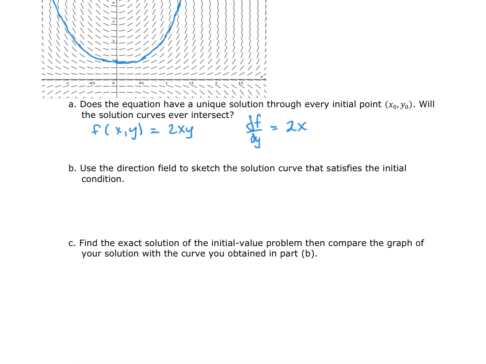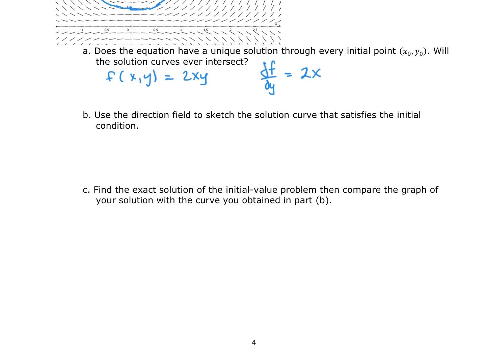So if I want to find the exact solution, we know that this particular function, f of x, y, is linear. So we need to find our integrating factor. I'm going to rewrite the equation in the way that I'm more familiar with, and so that would be y prime minus 2xy is equal to 0. So it's a homogeneous linear equation.